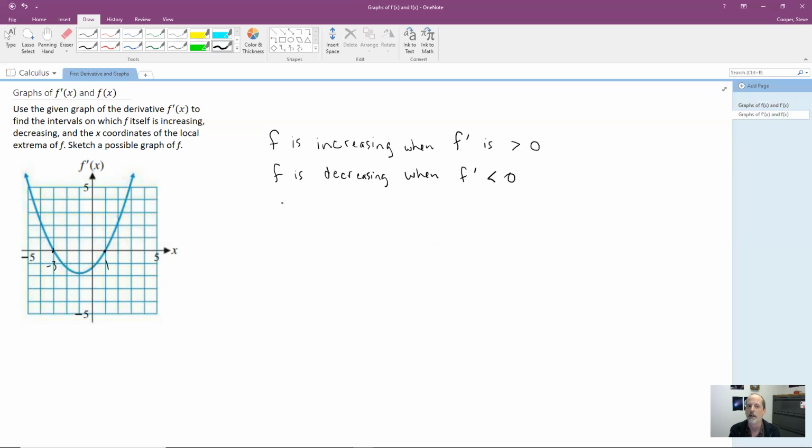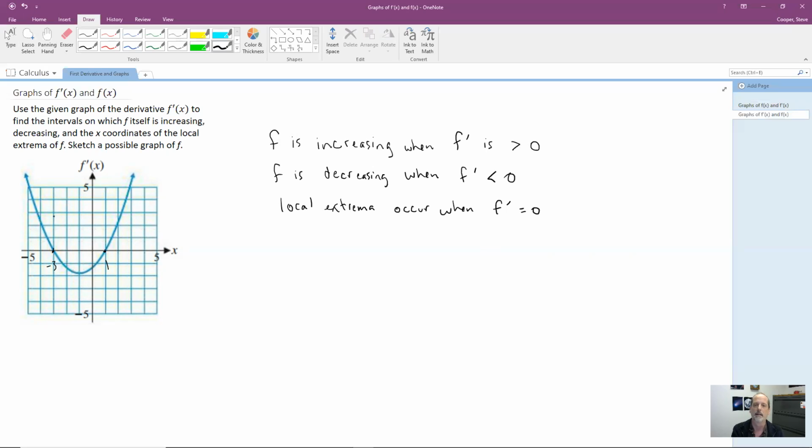And then the local extrema, we'll worry about whether it's a max or a min later, but the local extrema occur when f prime equals 0. The only thing we haven't accounted for up here is when f prime is equal to 0. Well, we can see that pretty easily here.